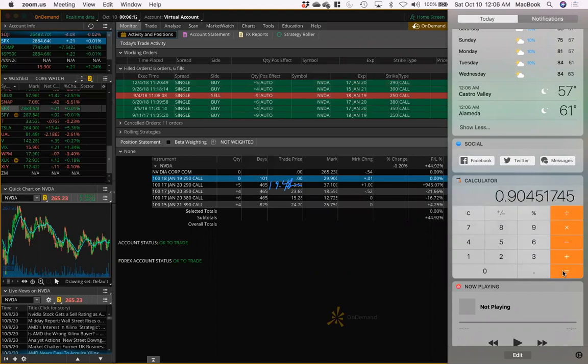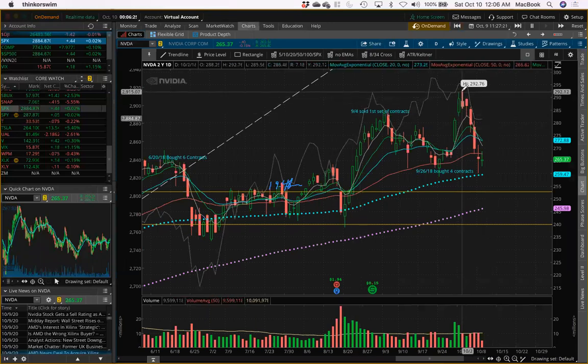We're up 90%. And that means we were up higher than that a few days ago. Here, we were definitely up more than 90% on that play. We're probably at like $40-something, $45. Let's just do it. 10-2.